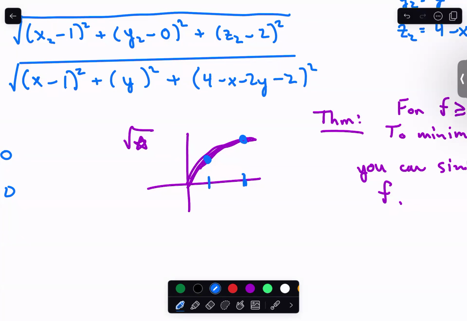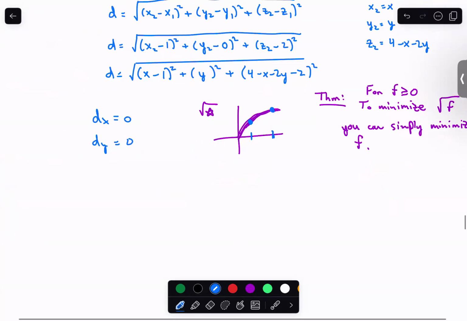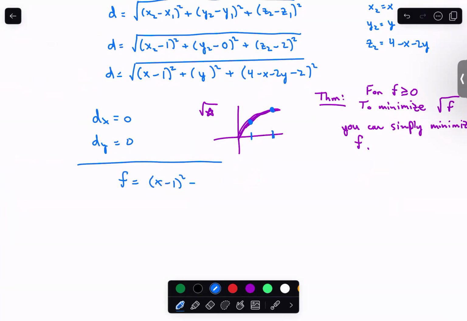So if you have an increasing function, plug in something as far to the left as possible, plug in the smallest value you can, right? And that will guarantee that your output is as small as possible. Because if you plugged in larger values, right, an increasing function would get bigger. And that's what happens with the square root here. So that's why this will work. And so all this to say, I would like to define f to be just what's inside of my square root.